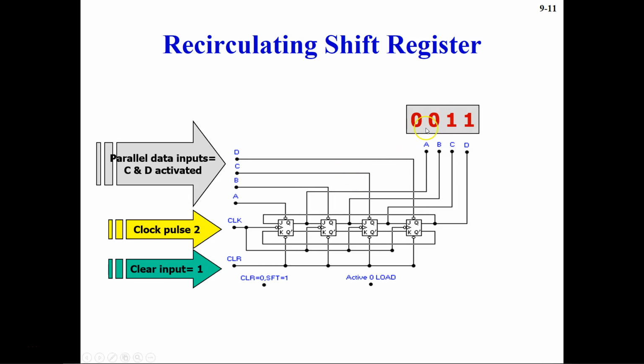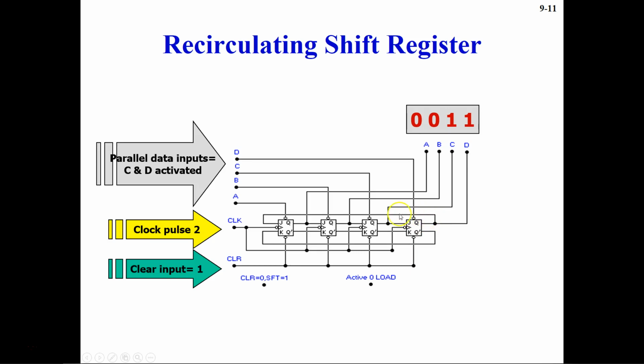So this was our output previously, 0011, which means here at the output you had 1, and here at the output you had 1. So what will happen if your Q for this D flip-flop is 1, then Q bar is definitely going to be opposite because it basically toggles. So if this is 1, then this is going to be 0.